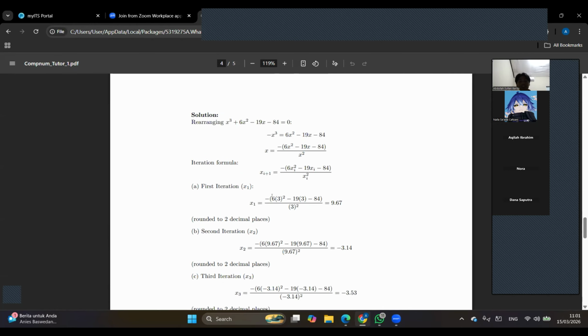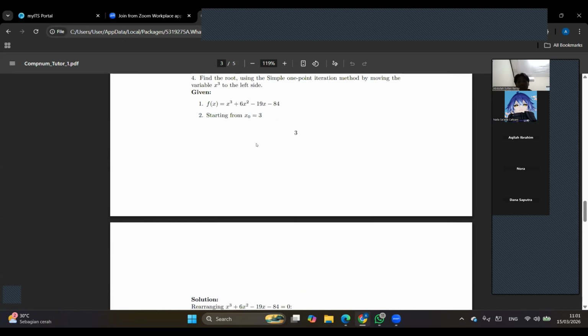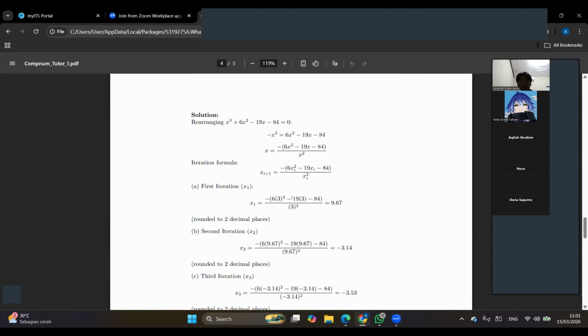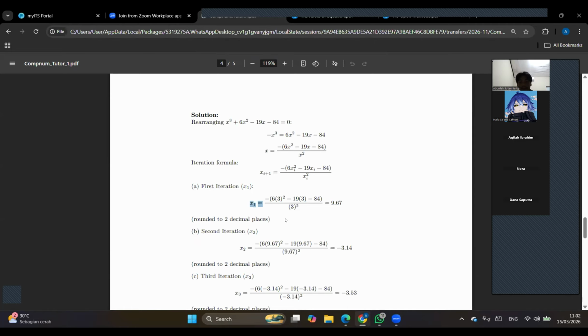For the first iteration, we will search for x1 using the x0 given by the question. This equals 3. So we just do the same as the previous one. We just substitute 3 into the equation and get that x1 is equal to 9.67.